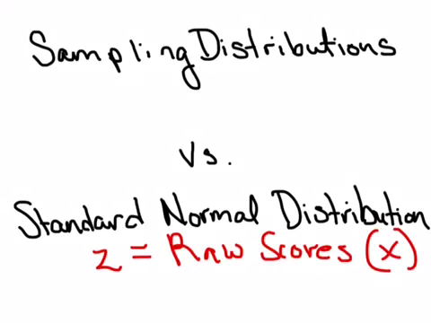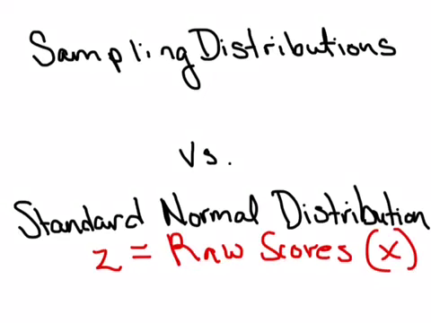So what we have to do is create a sample that is very representative of the population. And so when we get our sample statistics, we need to compare that to that population distribution to see how different it is or how similar it is. And we use sampling distributions to do this.